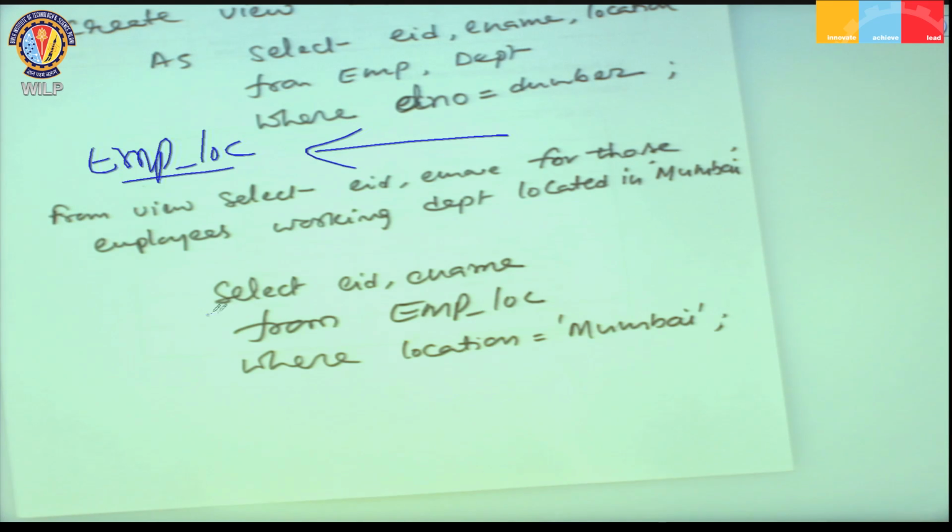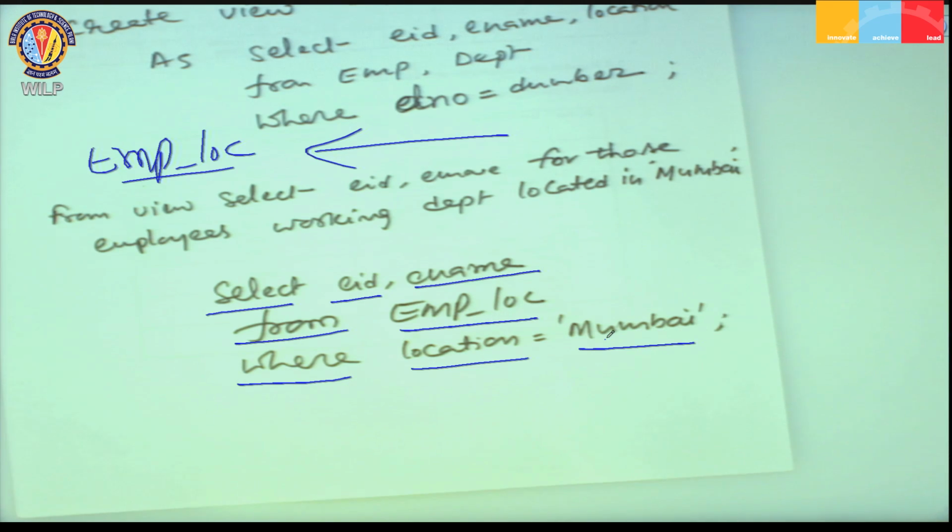Let us assume that we have exposed this schema to the end user. So, he can write queries on this view. Select EID, ENAME from EMP_location, where location is equal to Mumbai. That means in his application program, he wants the employee IDs and names of those who are working at Mumbai location.